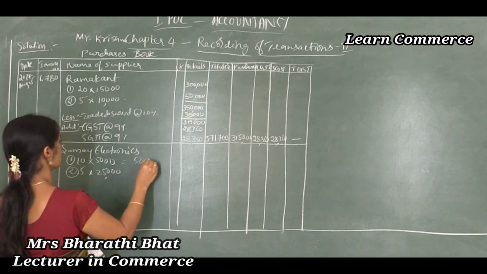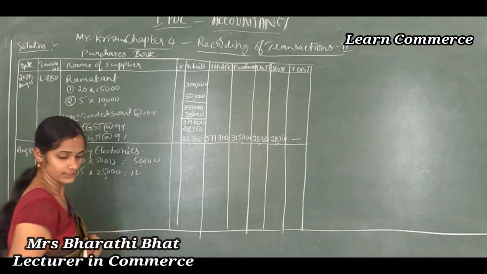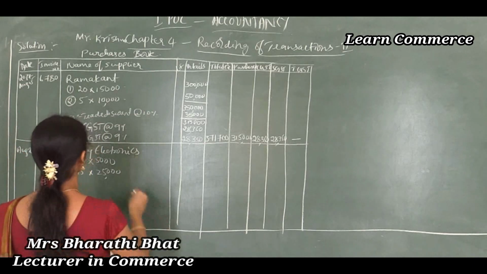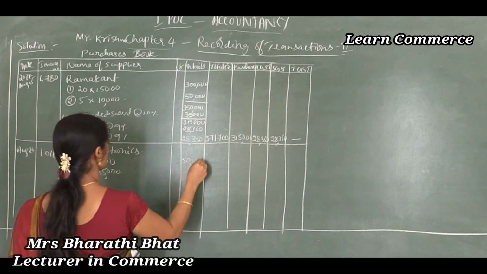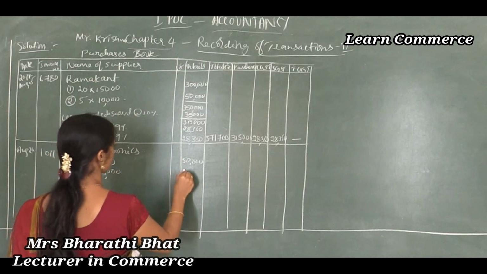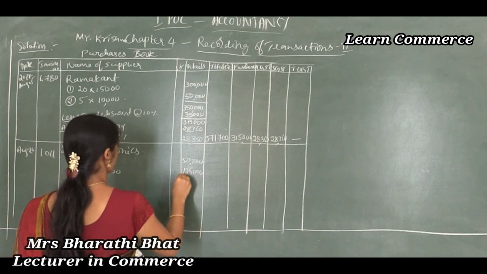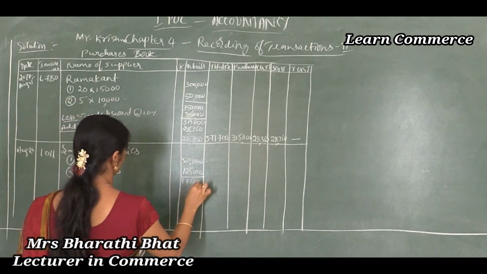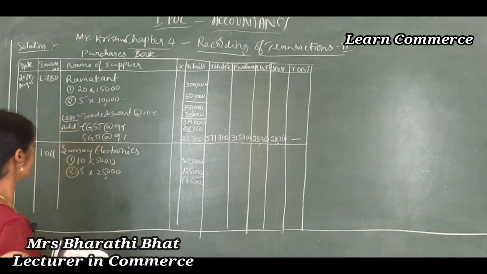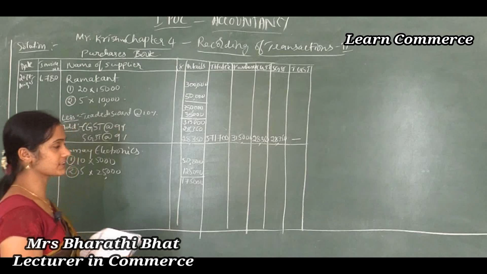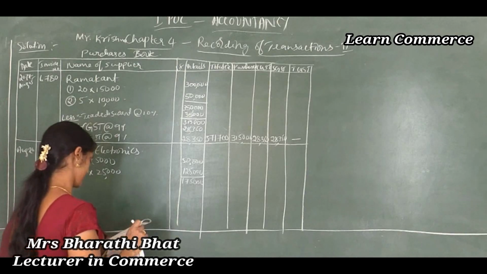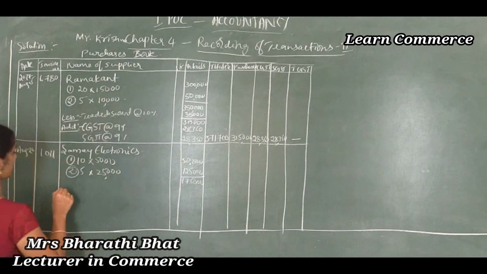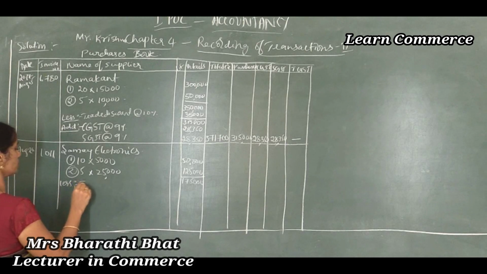Details will be recorded in the details column. 25 into 5, 1,25,000. So total 1,75,000. Correct, right? 1,75,000. Then what is the percentage of discount? 10%? What, 5% trade discount, correct, right? Not 10%. So less trade discount.